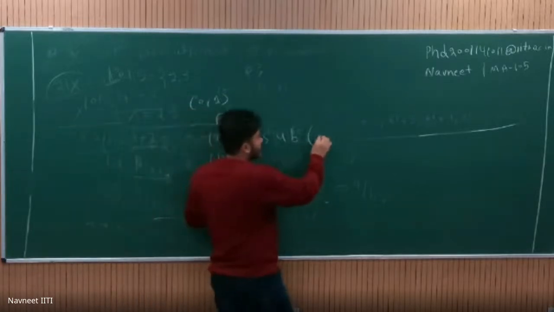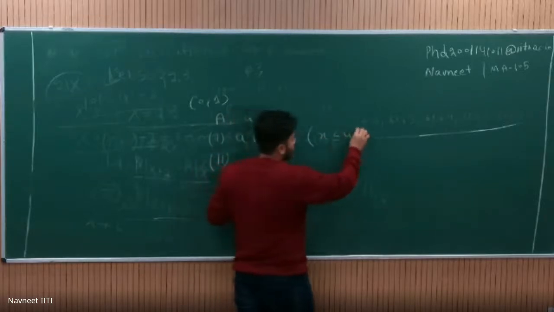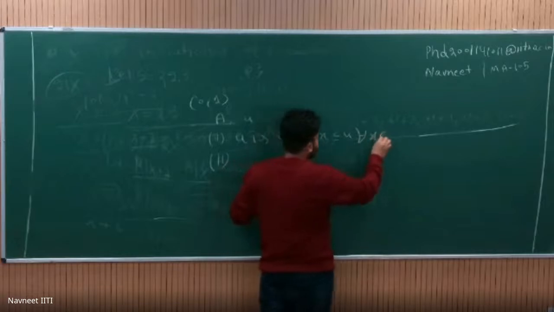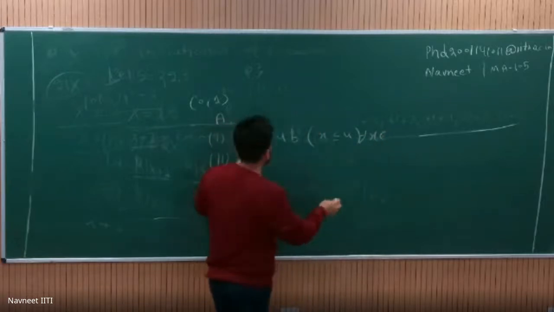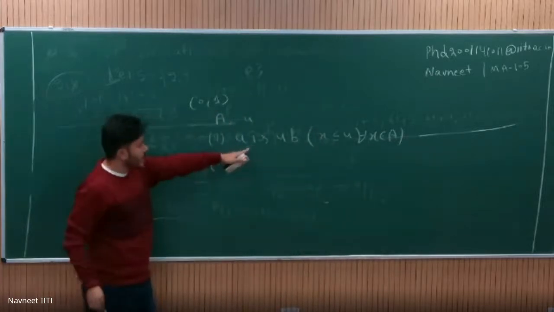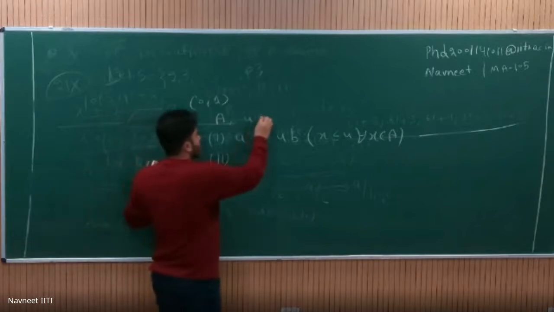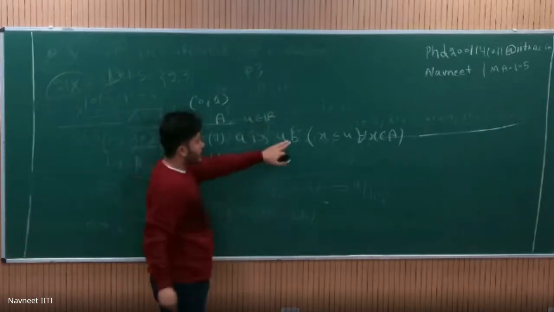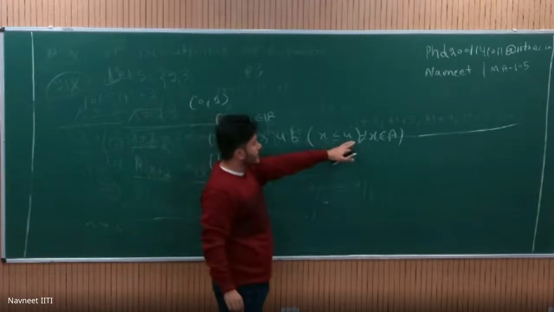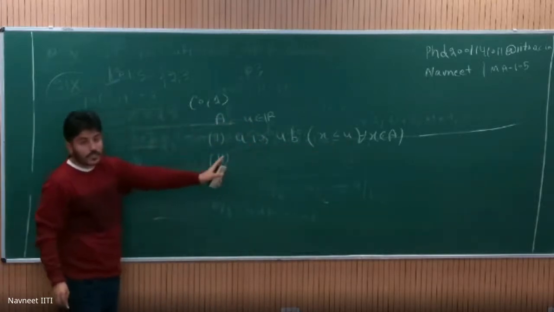That all the x are going to be less than or equal to U for each x belonging to the set A that I have taken. Okay, this is the definition of upper bound. If any number U belongs to, suppose, R, it is said to be an upper bound if it is greater than or equal to all the numbers.